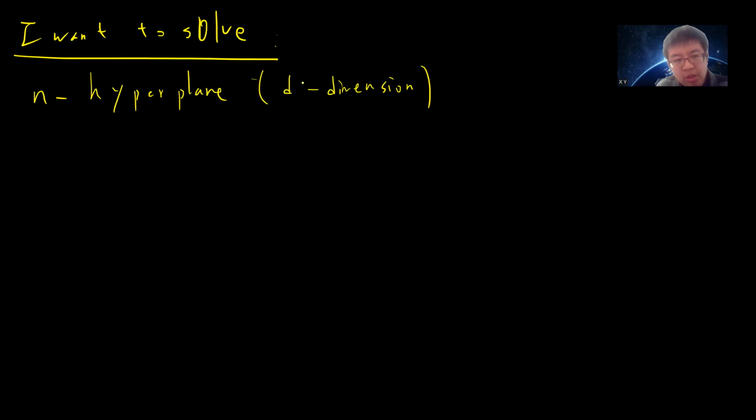Okay, so now let's solve the general one. I want to solve the following: if I have n hyperplanes, where a hyperplane is d-dimensional, you can imagine the original d is 2 dimensions.